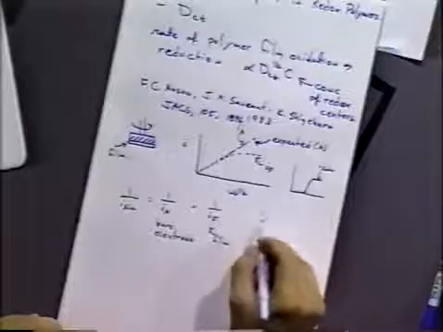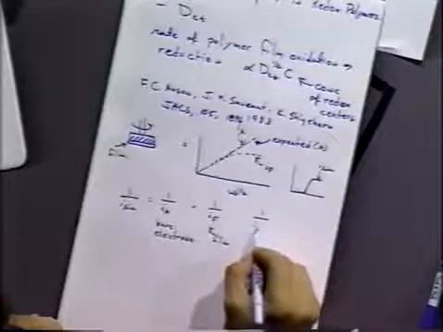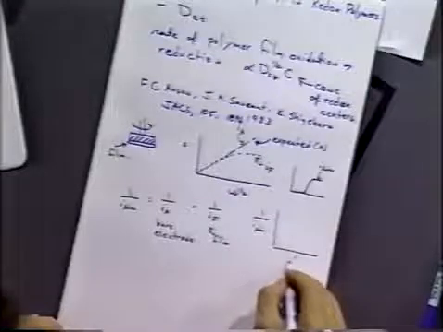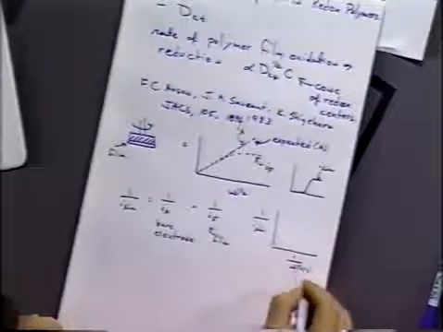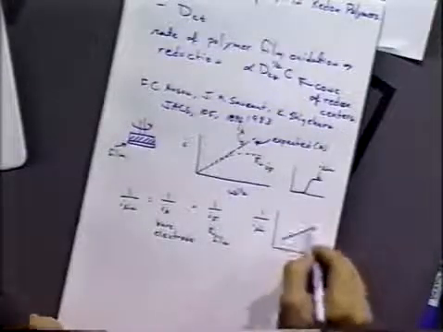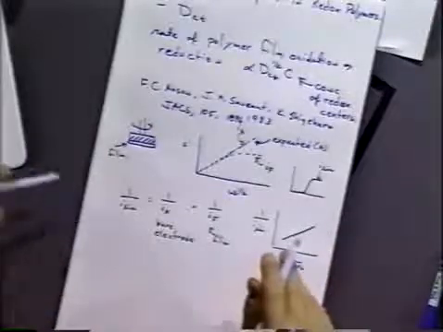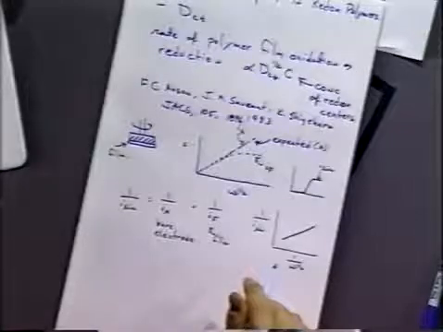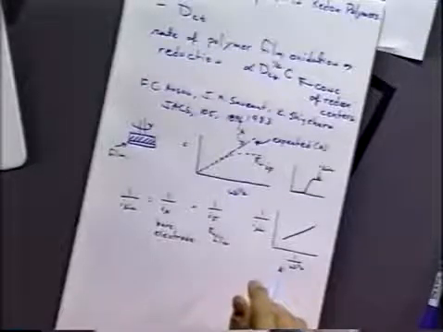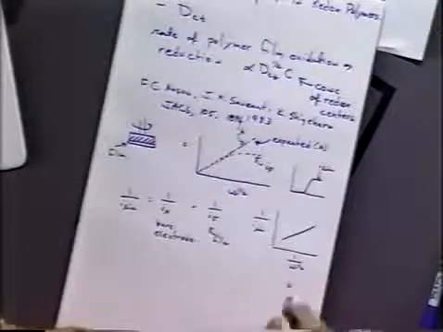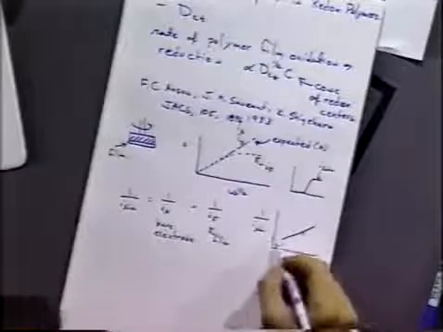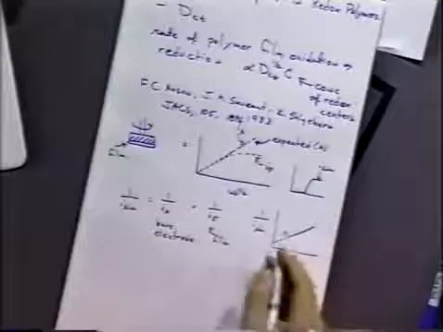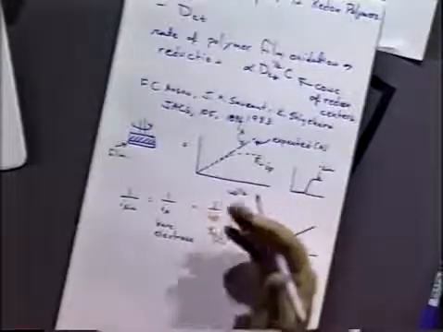And what you find out is, if you plot 1 over the limiting current versus 1 over the rotation rate, you get a straight line. And the intercept of that line then gives you the rate of charge transport through the film.